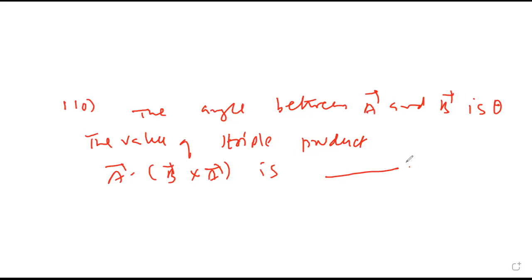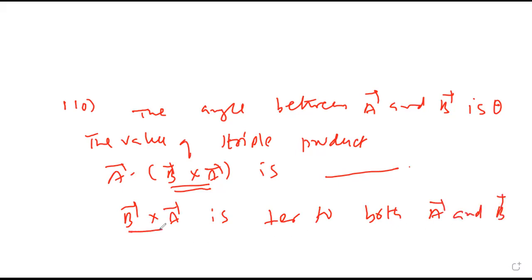Yes. Now see how to do this. The angle between A bar and B bar is theta. Then for triple product, A bar dot B bar cross A bar is how much? What is B bar cross A bar vector? It is perpendicular to both A bar and B bar or not? Yes. You know the cross product of vectors is perpendicular to both A bar and B bar.